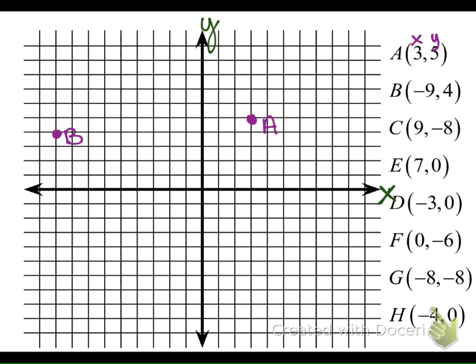And what's my y? Negative 8. So am I going to go up or down? Down. 1, 2, 3, 4, 5, 6, 7, 8. I think it was right there. And I label that C. Good.